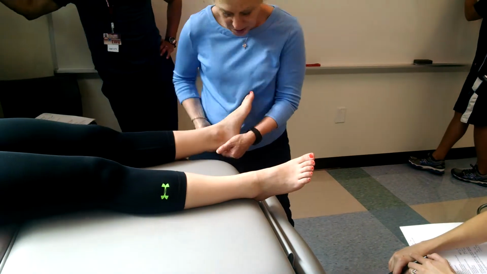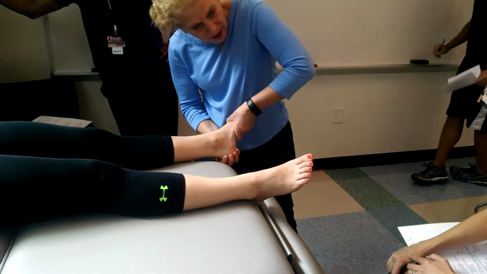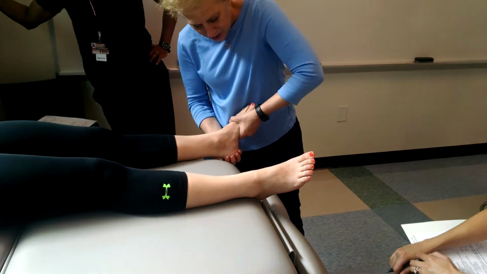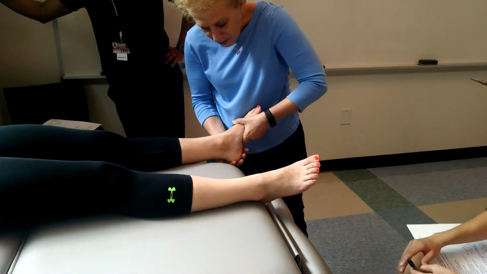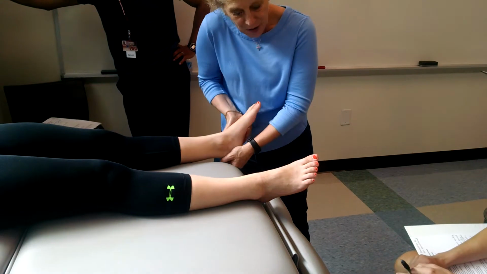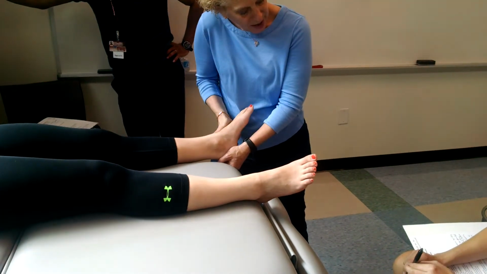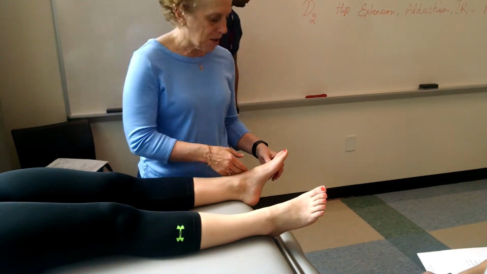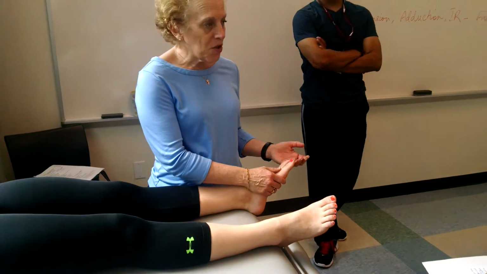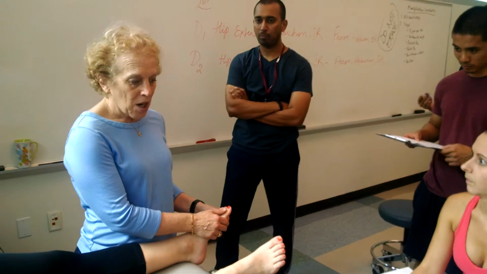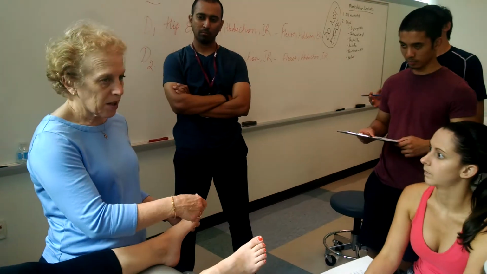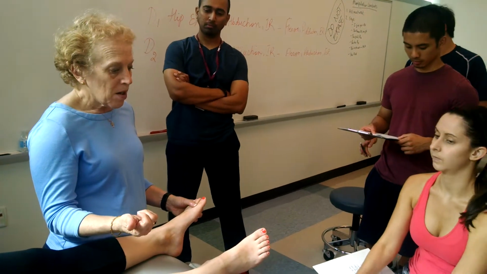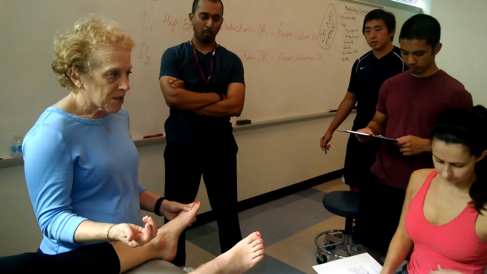So stabilizing the calcaneus. My hand can be here as well. So I could do this from the hallux side or from the little toe side. Okay, so that's inversion, eversion. Then we get to the toes. Very rarely do you do toes, although I've done toes working next door to a podiatrist office.